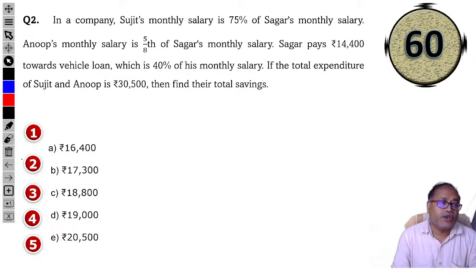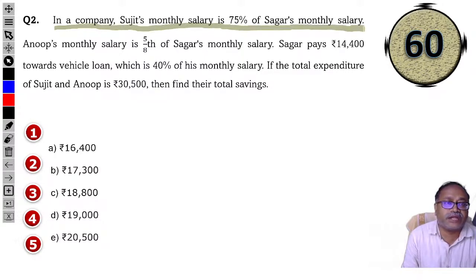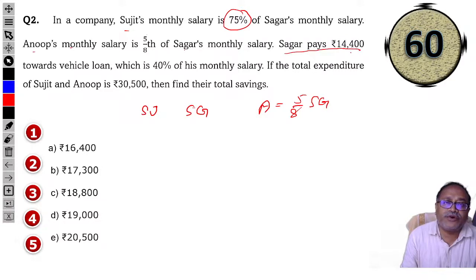Second question is here. In a company, Sujit's monthly salary is 75% of Sagar's monthly salary. We are understanding Sujit as SJ and Sagar as SG. Anup's monthly salary is 5/8 of Sagar's. Sagar pays rupees 14,400 towards his vehicle loan, which is 40% of his monthly salary.